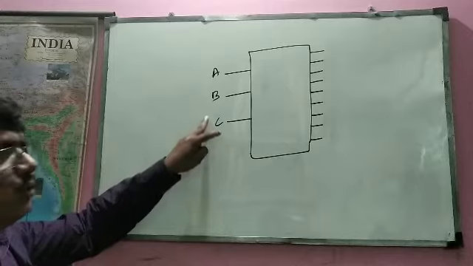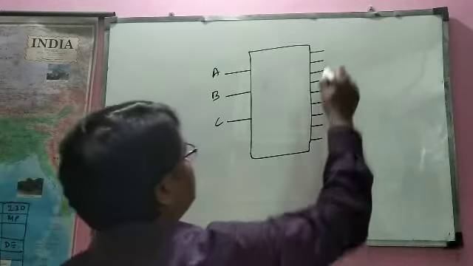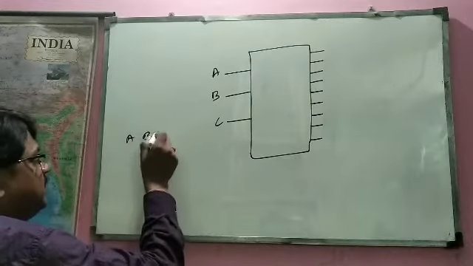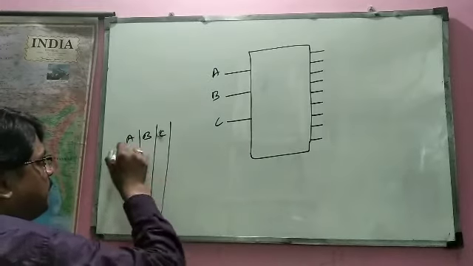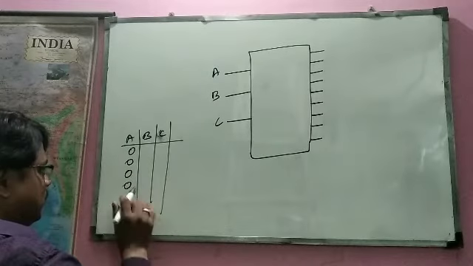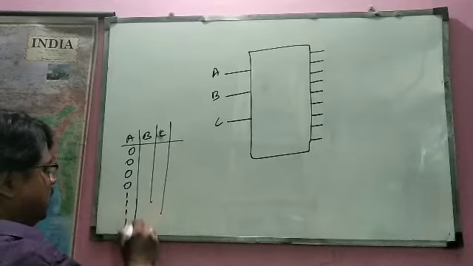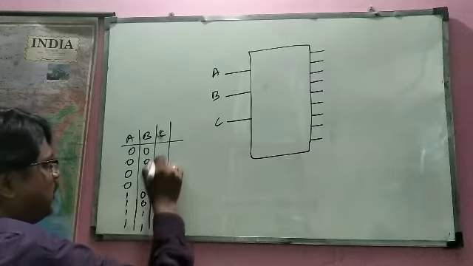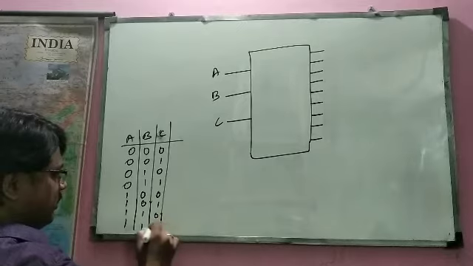It will be like this: A, B, C, with values 0, 0, 0 and like that, 0, 0, 0, 0, 1, 1, 1, 1, then 0, 0, 1, 1, 0, 0, 1, 1, then 0, 1, 0, 1, 0, 1, 0, 1.